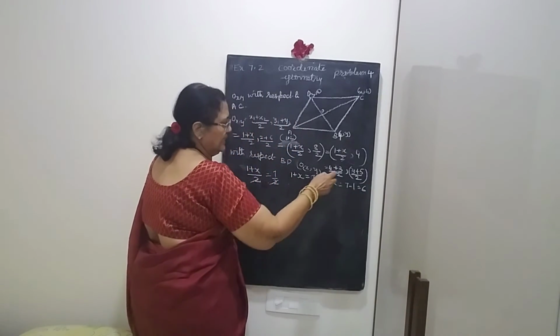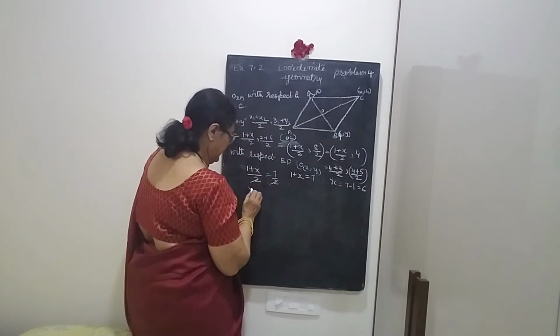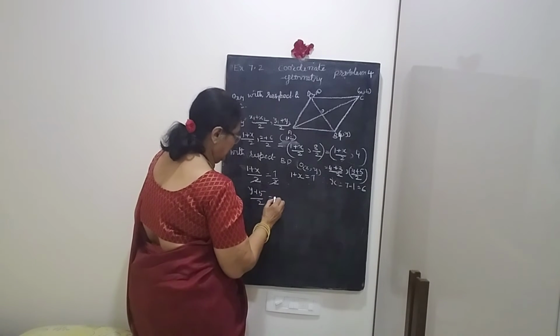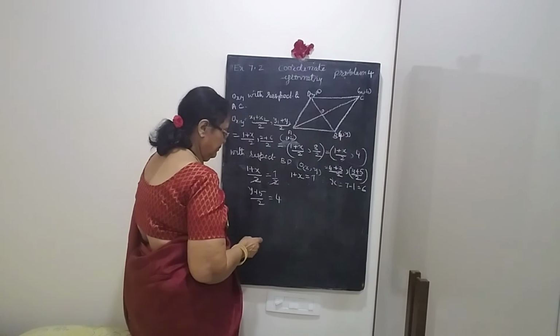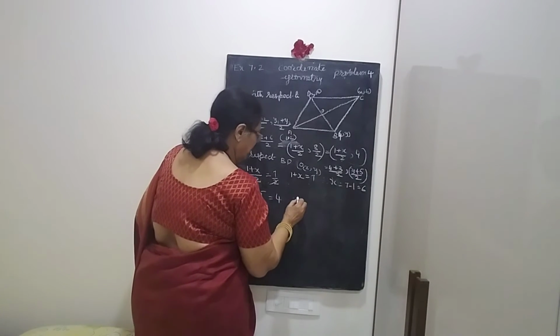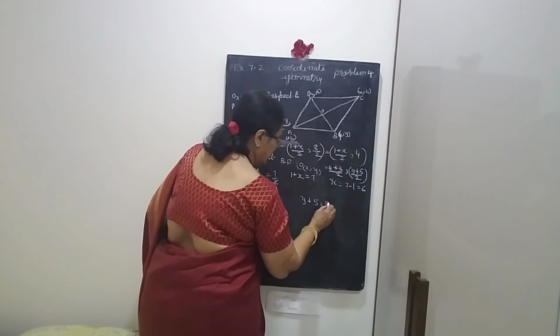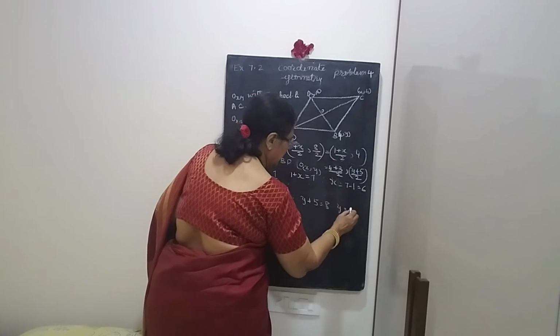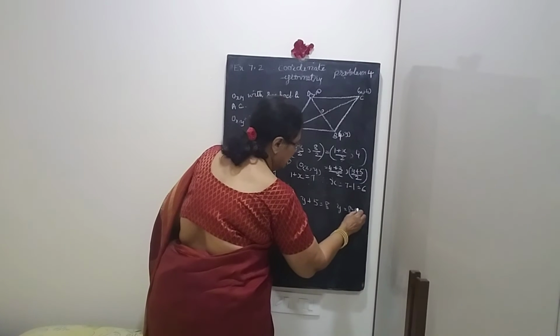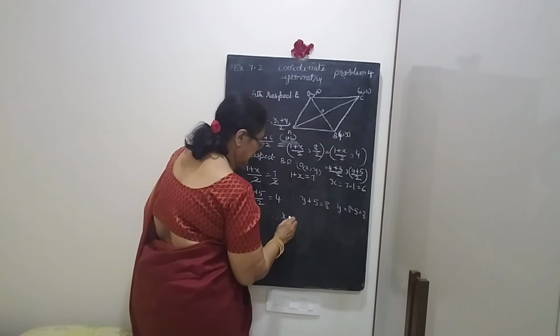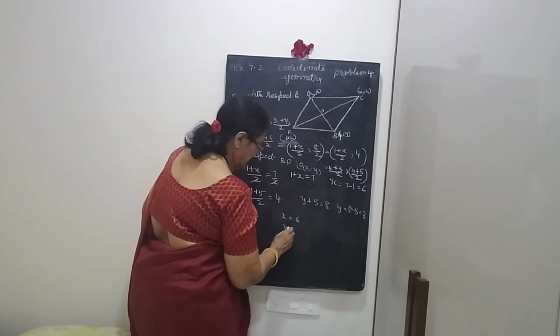And compare these two. (y plus 5) by 2 is equal to 4. Therefore y plus 5 is equal to 8. y is equal to 8 minus 5, that is equal to 3. Therefore x is equal to 6, y is equal to 3.